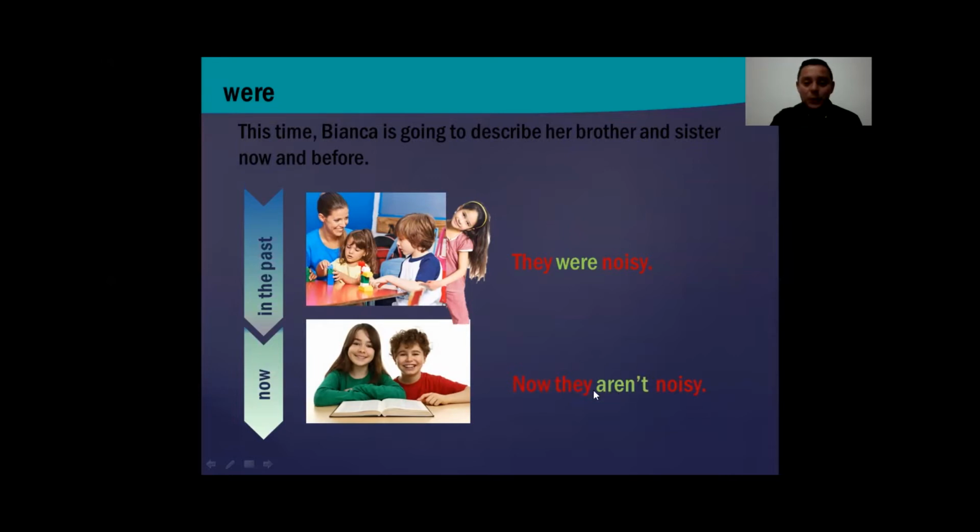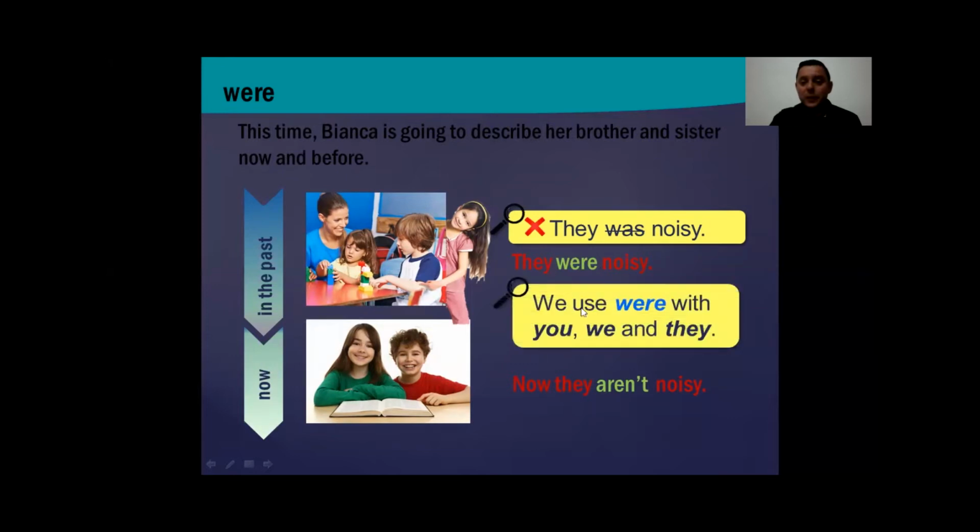Right now we use they are, but in the past we have to change it to were. They were noisy. We can't say they was noisy. We have to say they were noisy. So with the subjects you, we, and they, we use were in the past.